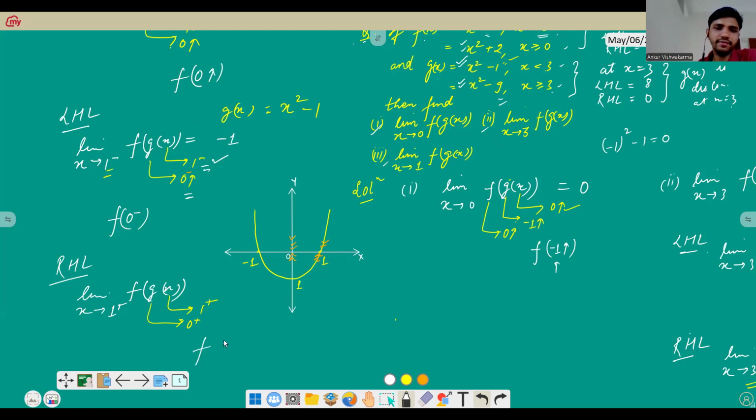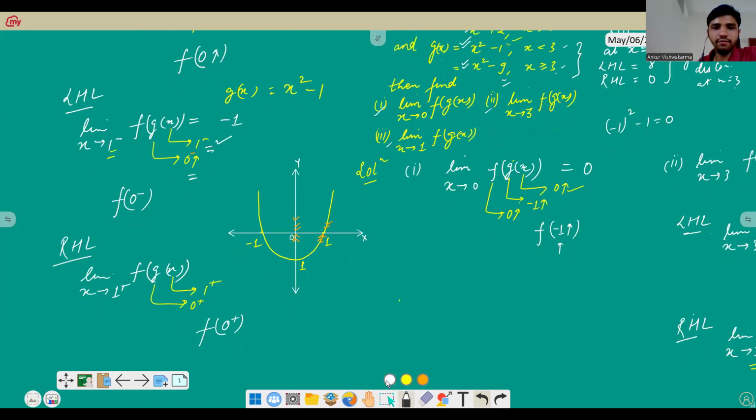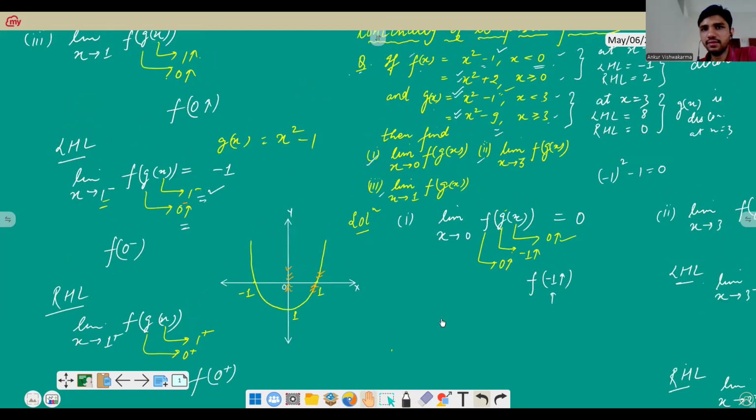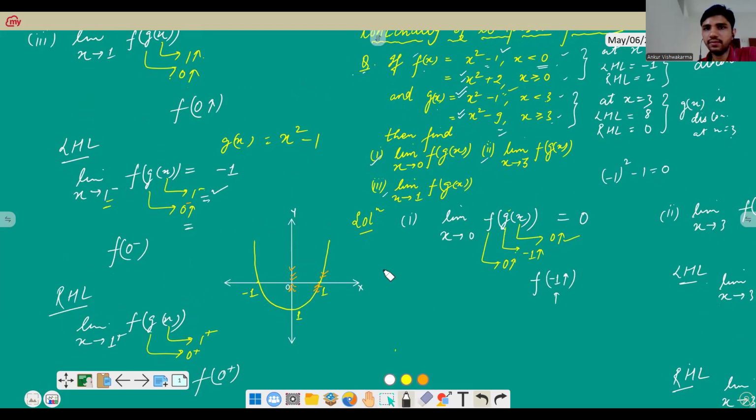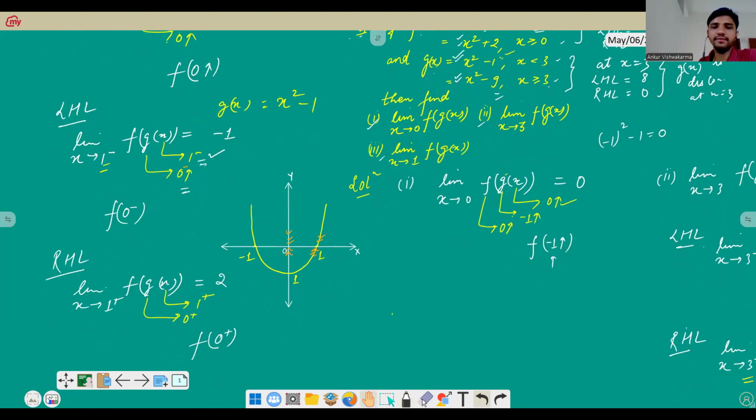So in the argument of f, we have f of 0 positive, so we use the second definition of f. f of 0 positive is 0 square plus 2, which is 2. So the right-hand limit is 2, and the left-hand limit is minus 1.